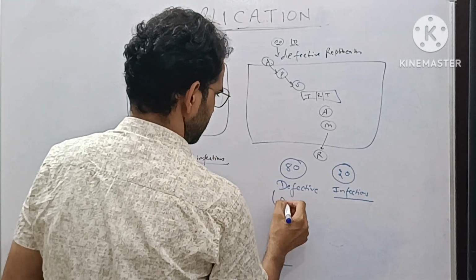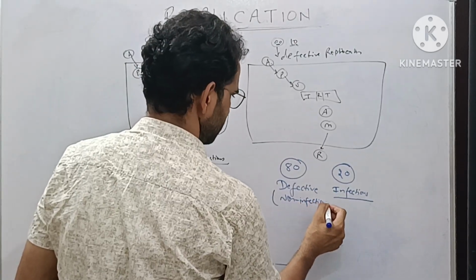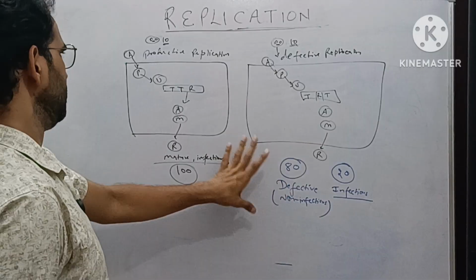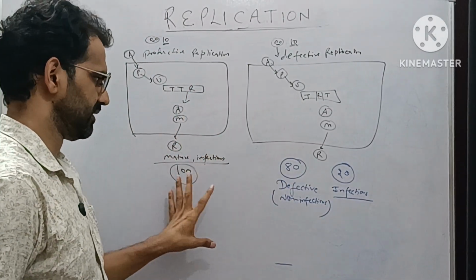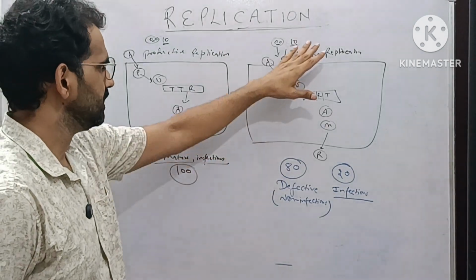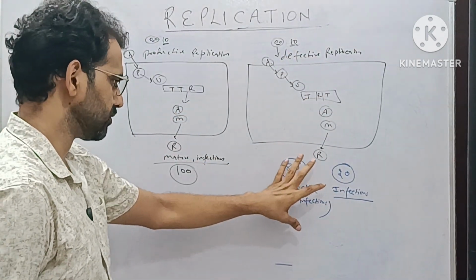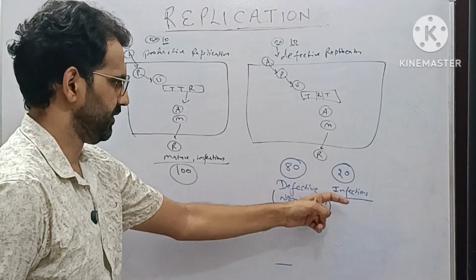Defectives are non-infectious. So this is how a productive replication ends with 100 mature infectious viruses, and a defective replication ends with, out of 100, 80 defective and 20 infectious.